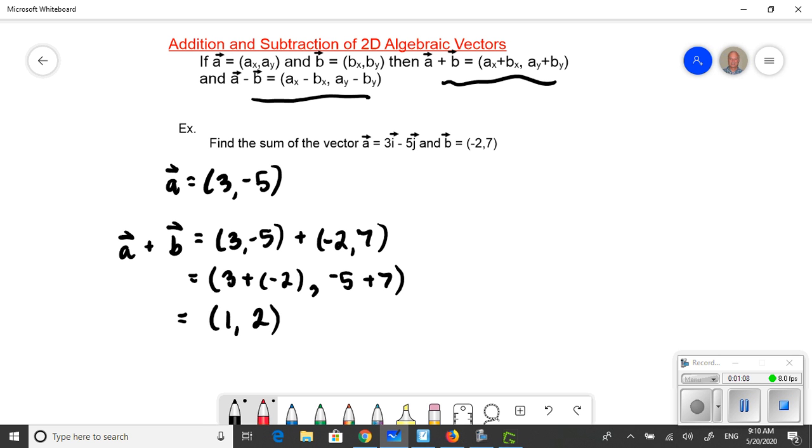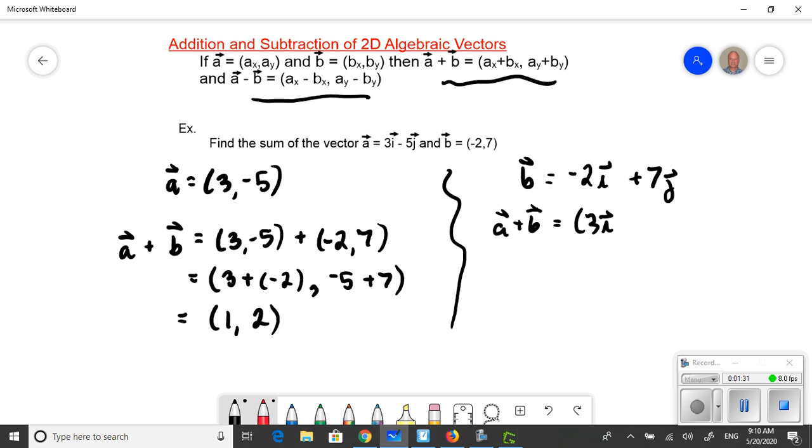Or I could change B. A different way to look at it is I could change B to a string of vectors, or written the way A is written here. That would be negative 2i plus 7j. So A plus B is 3i minus 5j plus negative 2i plus 7j.